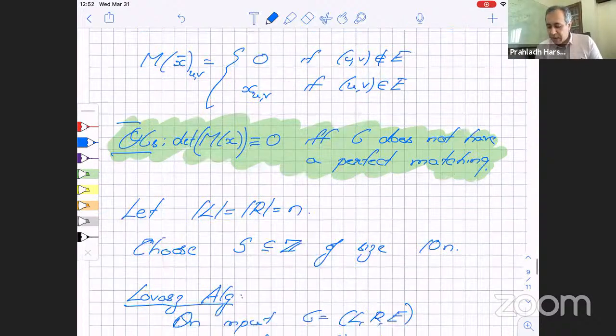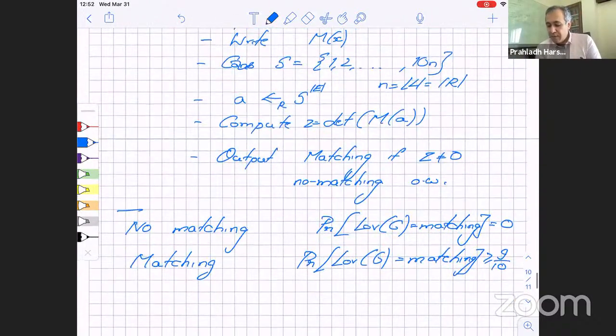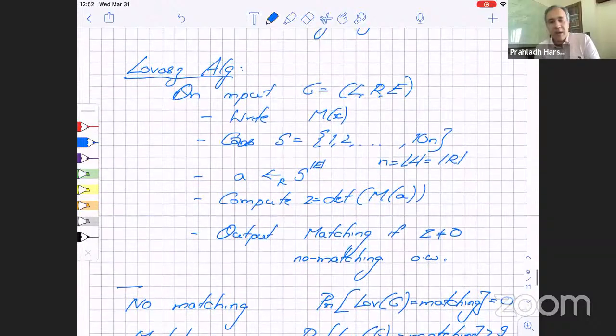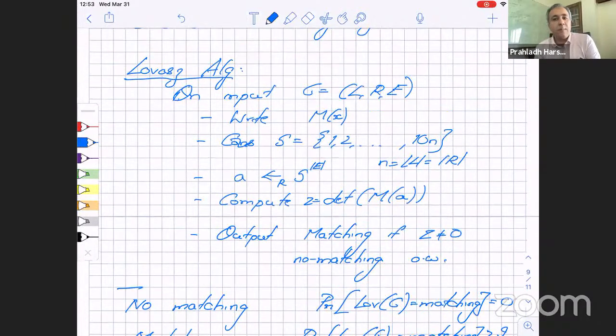Whereas this algorithm for matching has a complexity that is just the complexity of computing the determinant. There are several ways to compute the determinant. The usual way you would have seen is Gaussian elimination. But the determinant has a much faster, shallow circuit implementation.